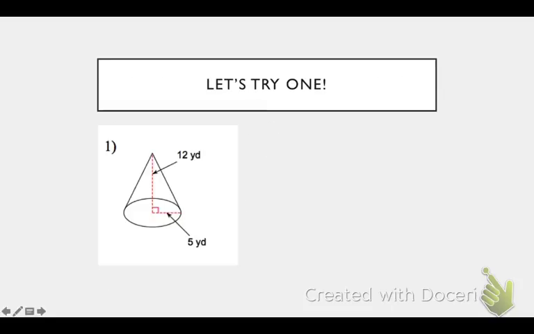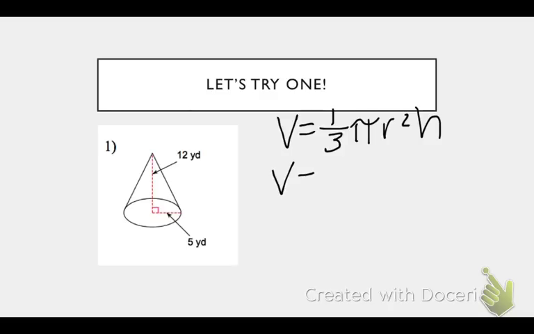All right, so first one together. I'm first going to write down the formula. Volume equals 1/3 pi r squared h. Then we substitute in: volume equals 1/3 pi. R is the radius, so that's 5.